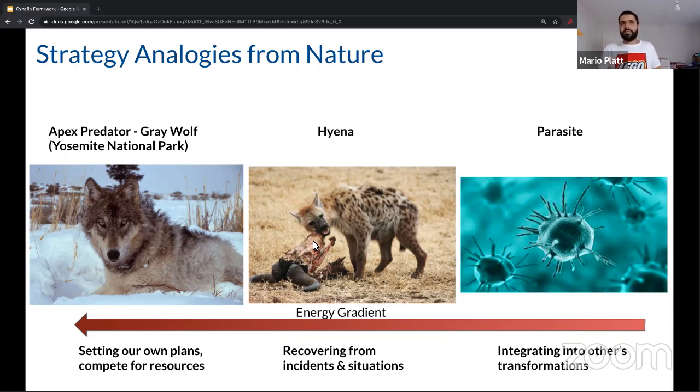An example of adopting a hyena strategy is recovering from incidents or situations that happen. It doesn't necessarily need to be security incidents. So something happens, we have already thought of some of the things that could potentially be improved in that space, and we are going to capitalize on that moment to make the changes that we want from a security point of view. Right?